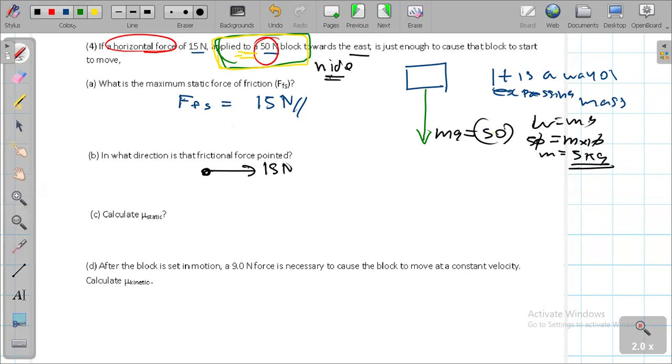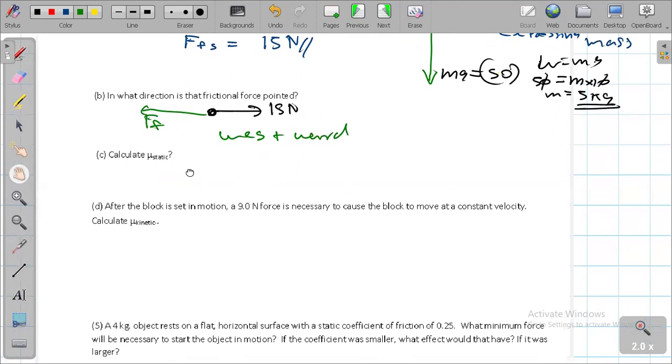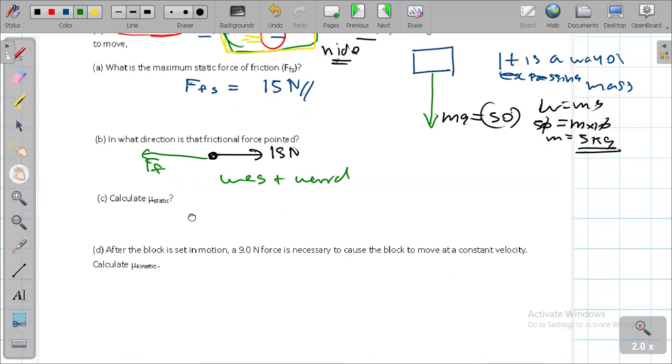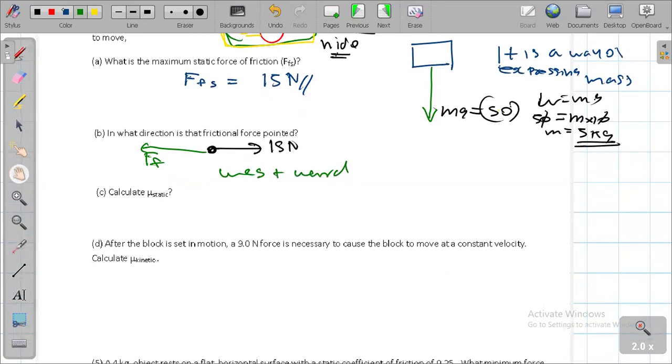15 Newton in that direction and the maximum frictional force the other way, so westward, to the west side. Calculate mu static. I have an equation for mu s, the static coefficient of friction.